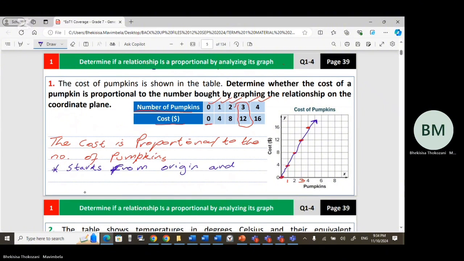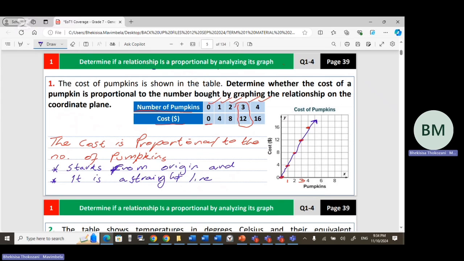And it is a straight line. So this is very important, guys.